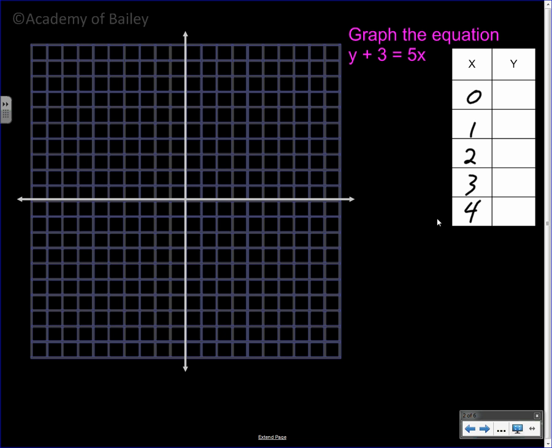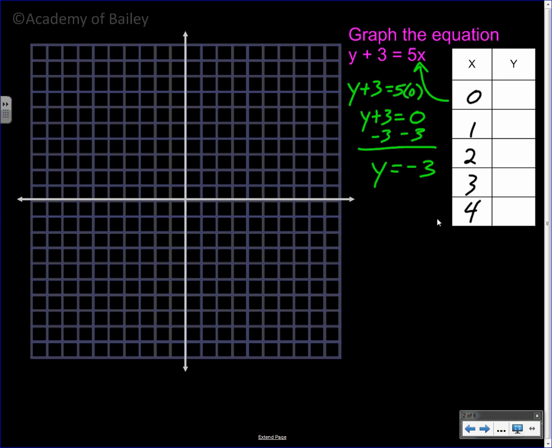So for the first situation, if x is 0, then y plus 3 will equal 5 times 0. And what's 5 times 0? 0. All we do is substitute 0 in for x and solve for y. To get y by itself, we subtract 3 from both sides of the equation, and y equals -3.